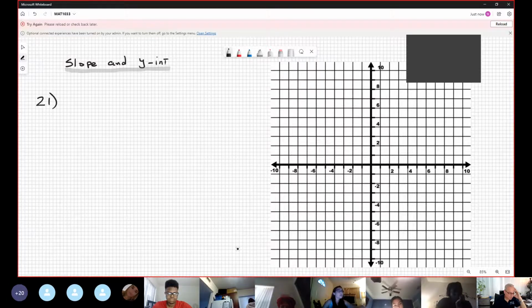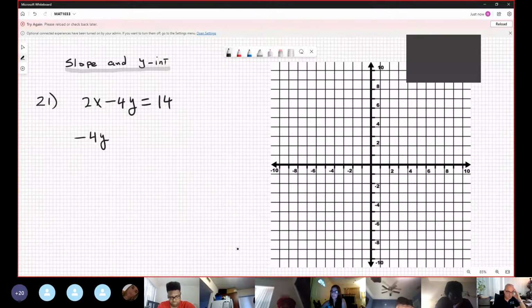Example 21 is exactly the same kind of question. Find the slope while I do the graph. The equation is 2x minus 4y equals 14. So now, as always, you solve for y. This is minus 4y equals minus 2x plus 14.